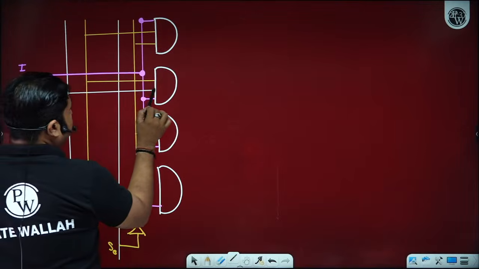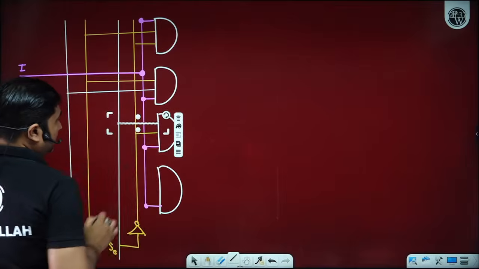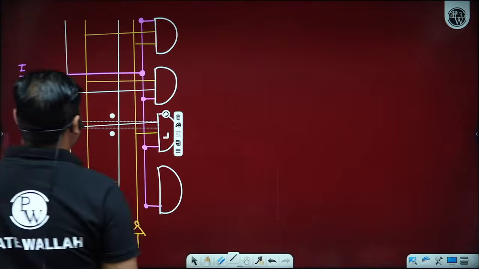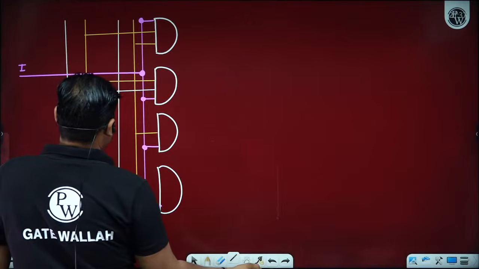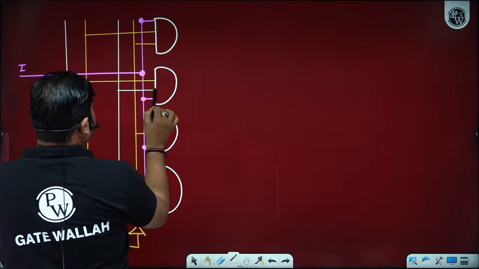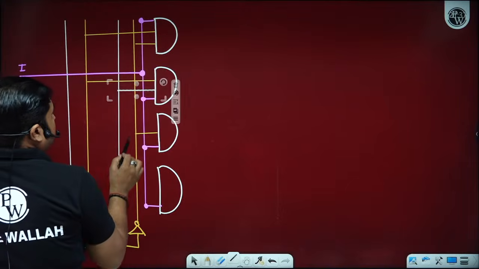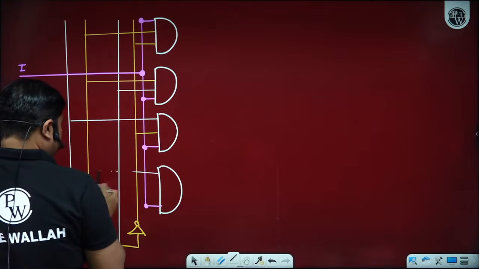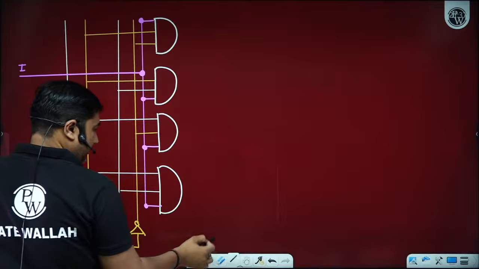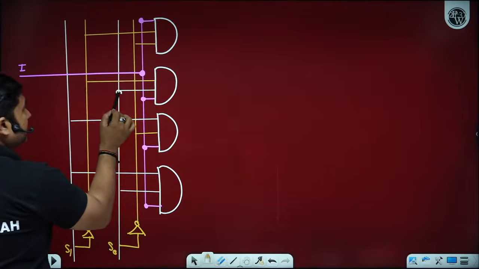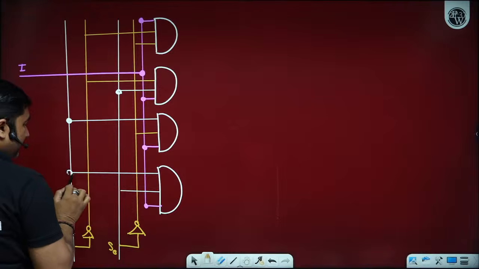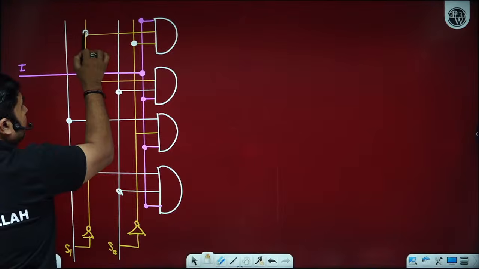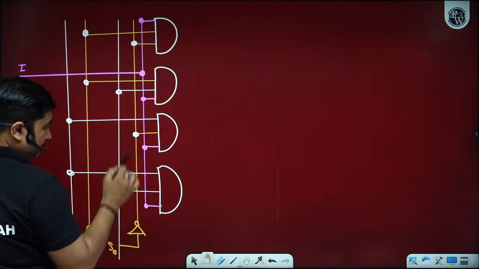Please observe, everyone, hoping all of you are able to understand up to this part. Now please observe, beta ji, and let me know by writing in the comment section if there is any doubt in this. How many of you are able to understand this part perfectly?